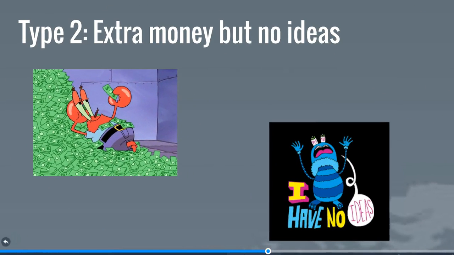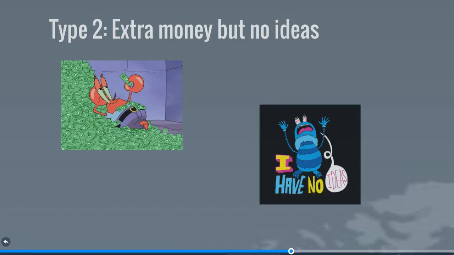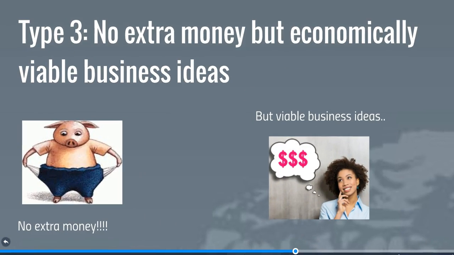Of the 4 participants, let us first focus on type 2 and type 3 participants. Type 2 participants are those who have extra money but no economically viable business ideas, while type 3 participants are those who do not have extra money but have economically viable business ideas.